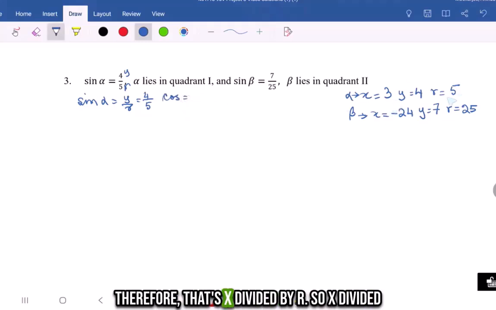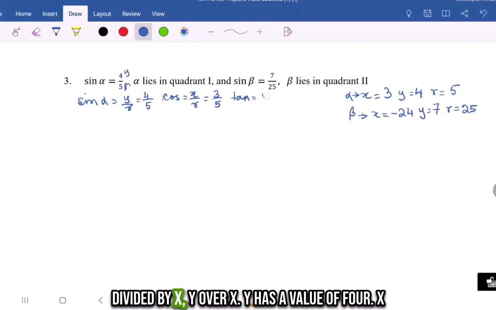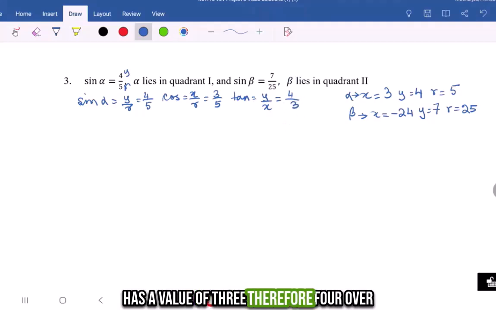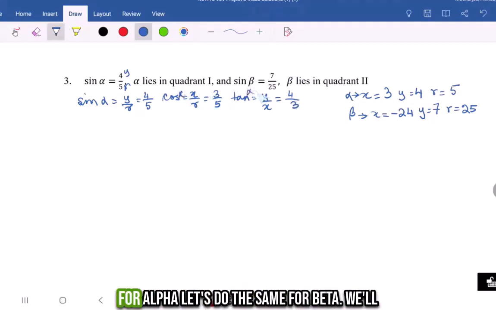Therefore, that's x divided by r. So x divided by r is 3/5, and tan would be y divided by x. Y has a value of 4, x has a value of 3, therefore 4 over 3. This is all for alpha. Let's do the same for beta.